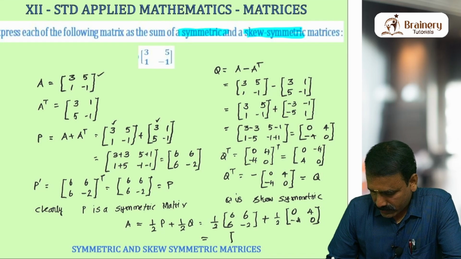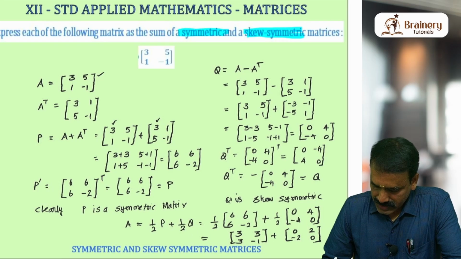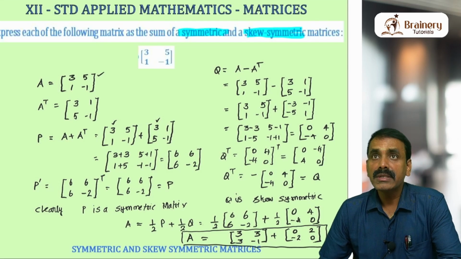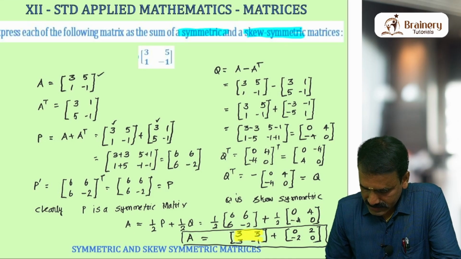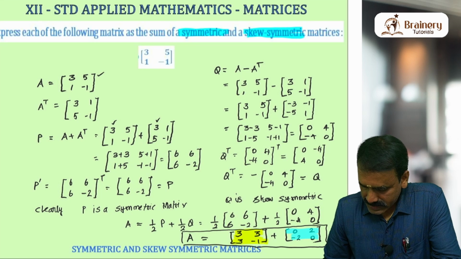I change this one to [3, 3; 3, -1], and I multiply each element by 1 by 2 for the second matrix also. It is [0, 2; -2, 0]. So the matrix A is written as a sum of two matrices. The first one is a symmetric matrix, and the second one is a skew symmetric matrix.